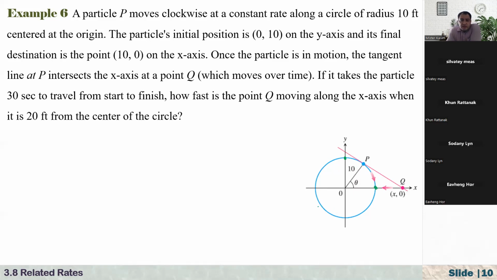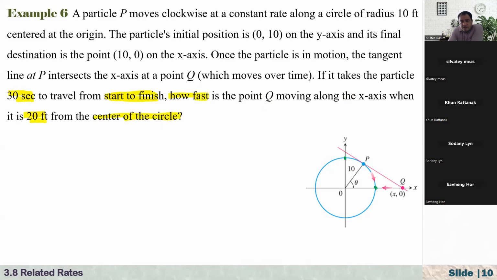Once the particle is in motion, the tangent line at P intersects the x-axis at a point Q, which moves over time. If it takes the particle 30 seconds to travel from start to finish, how fast is the point Q moving along the x-axis when it is 20 feet from the center of the circle?